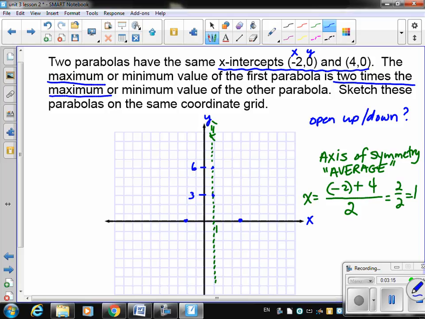I'm going to draw it as best I can. My step pattern is kind of strange. And we won't calculate the value of a just now, but you can see that I could have come up with all sorts of possible parabolas that have those x-intercepts, and my green and blue shouldn't intertwine like that, but anyways, have twice the value of the maximum.